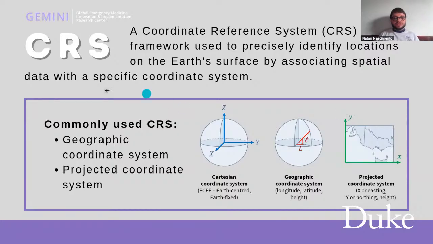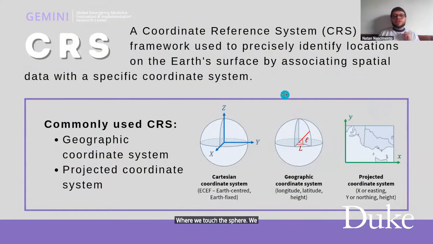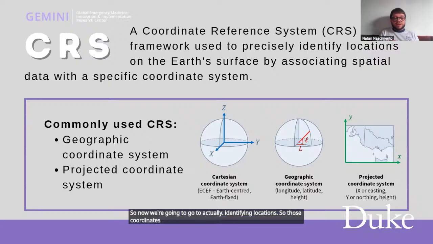So as we understand datum, where we touch the sphere, we go to CRS, the Coordinate Reference System. So now we're going to go to actually identifying locations. Those are the coordinates that we use to really understand where that point is on the map or on the surface.